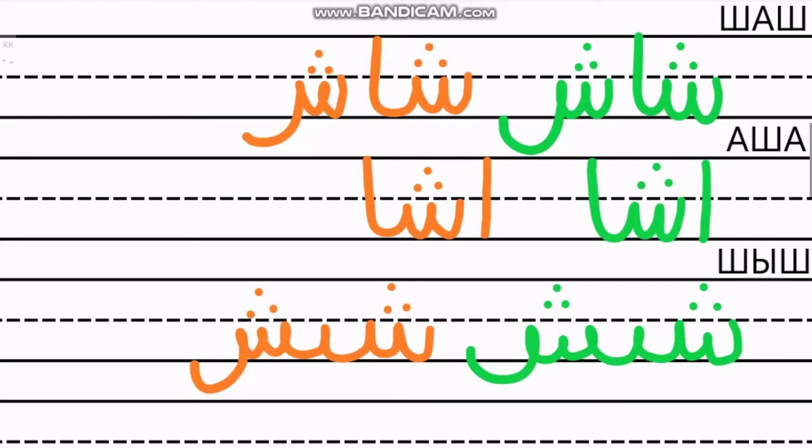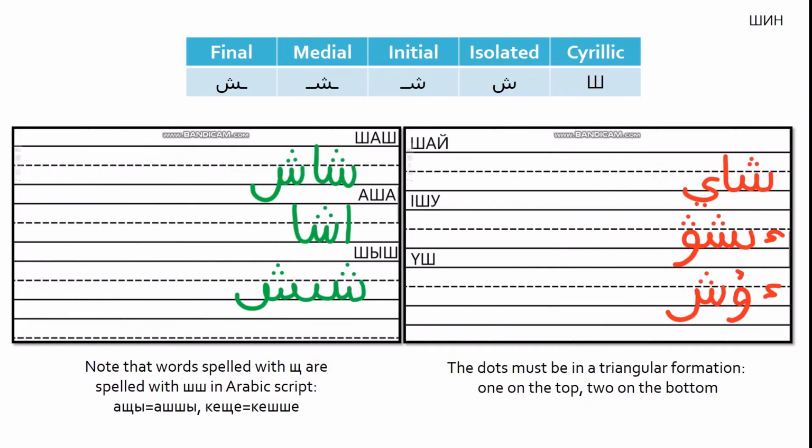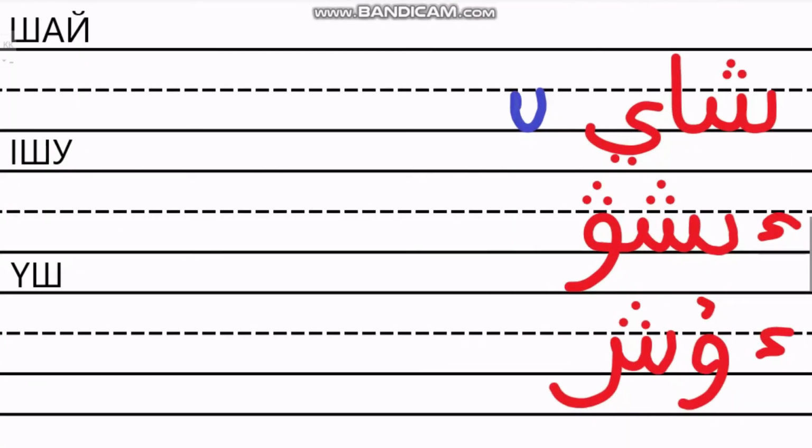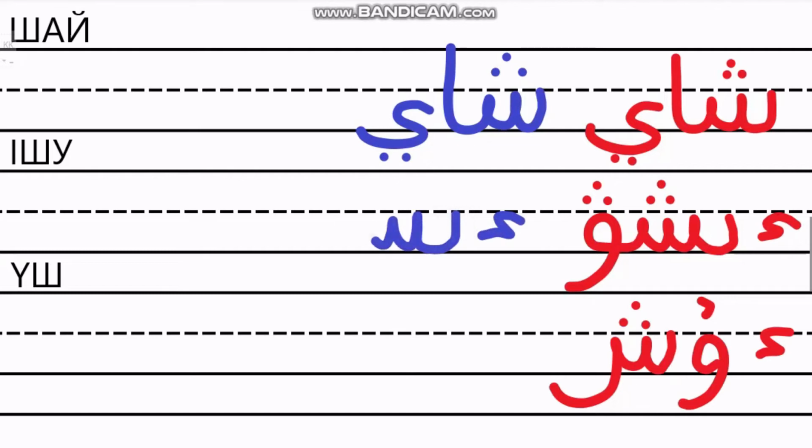This is an abbreviation of the underlying morpheme containing 2 shins, 2 shas. So in Arabic, we write 2 shas. Now let's practice with real words. Şay. Sh. Ush.